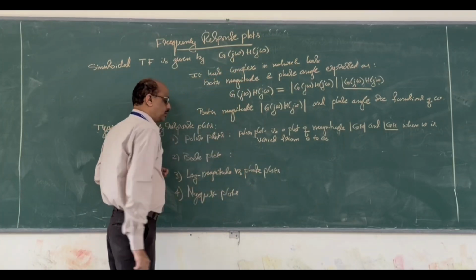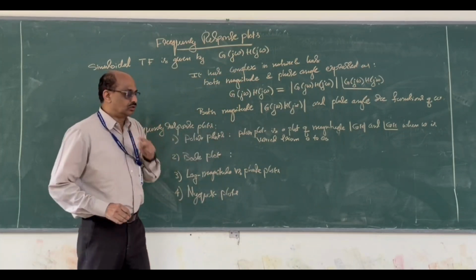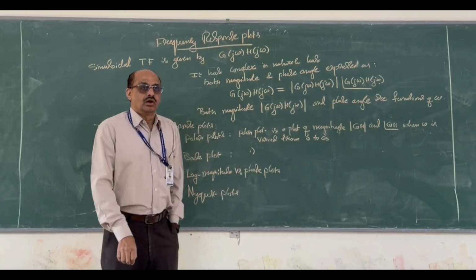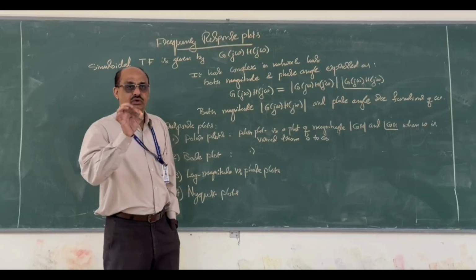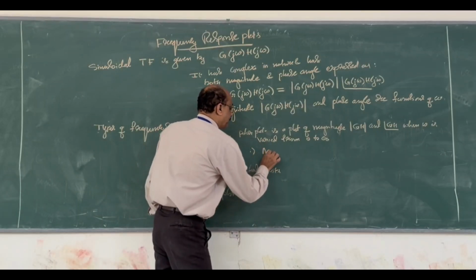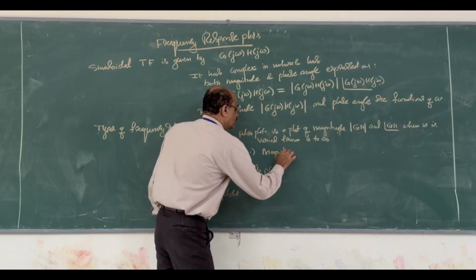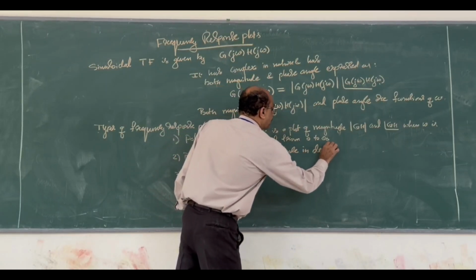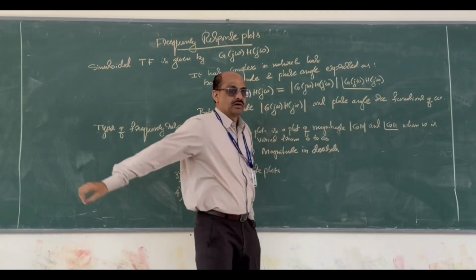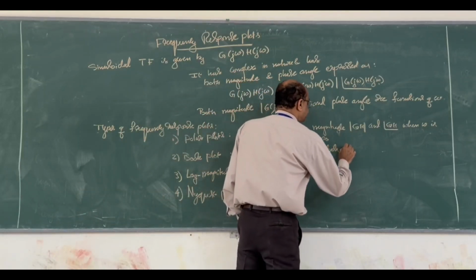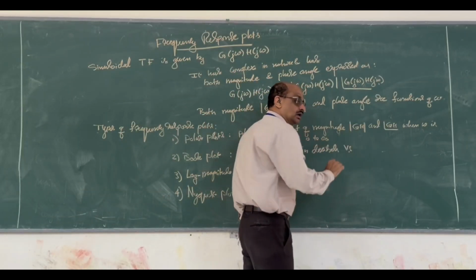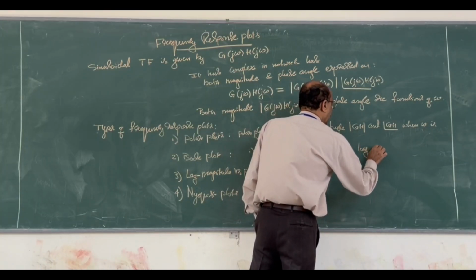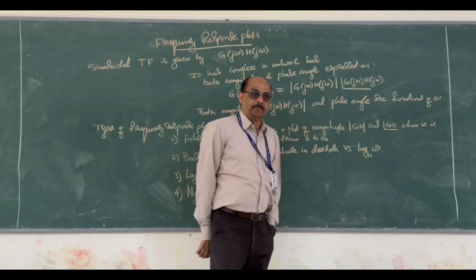Then what is Bode plot? Bode plot has two plots. First one is log magnitude or magnitude in decibels versus log omega, with base 10.